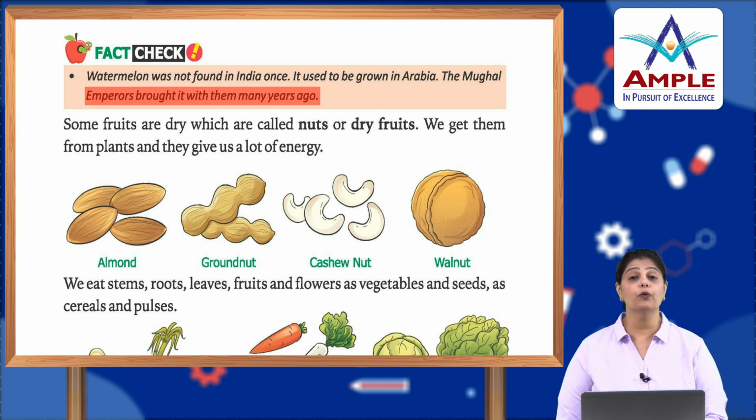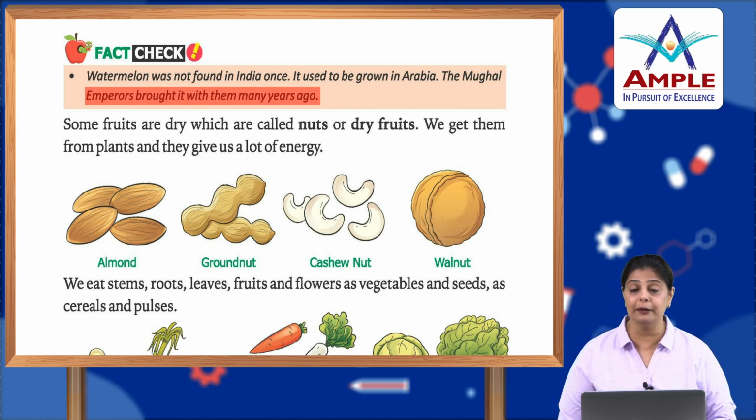So when the Mughal emperors came from Arabia to India, they carried watermelons with them, and then when the seeds were sown, the watermelon plantation started in India. And watermelon is consumed a lot, especially during the summer season, because it keeps us cool.